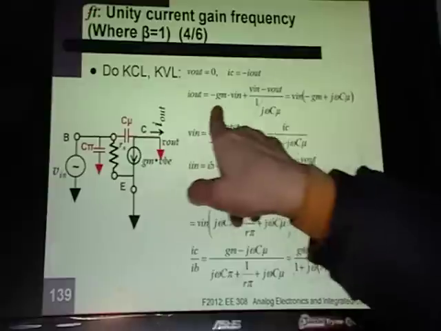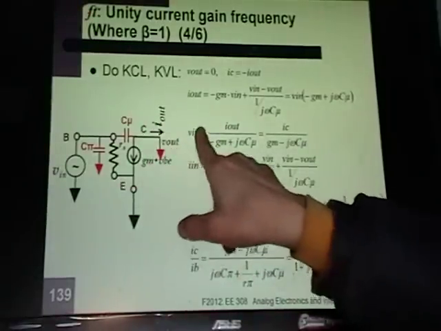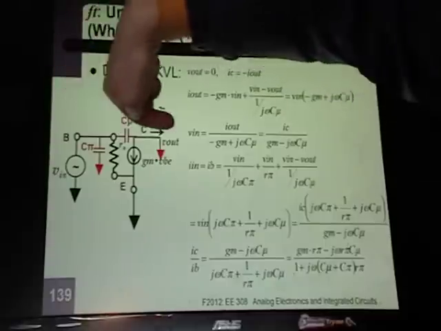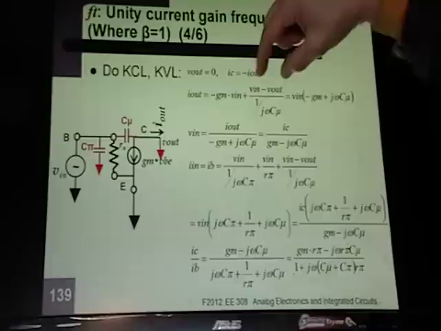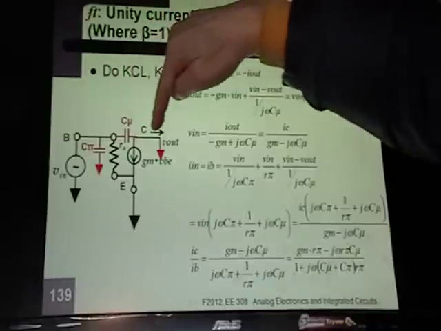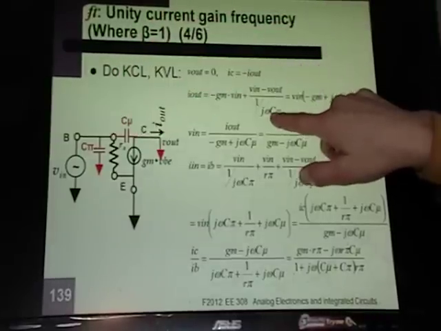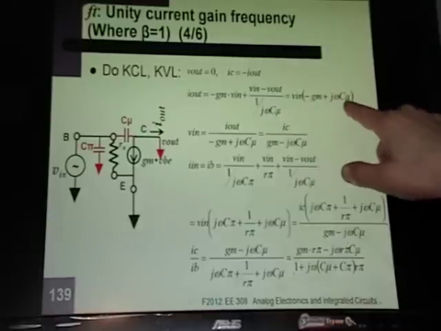You've got your negative GM VBE, and VBE is just Vn. And then on top of that, you have the current going through C mu. It doesn't really go through it, but how it's perceived, and that's the voltage across C mu divided by the impedance of C mu. Then you come up with a nice pretty term here.